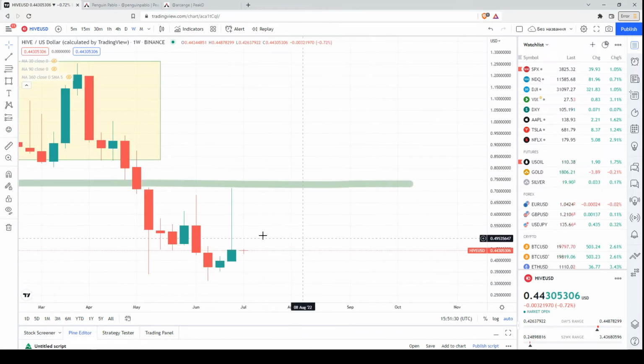But once again, yes, there is a lot of resistance here, but I'm really very happy to see that there is some kind of consolidation here or support, and we don't see this sequence of bearish candlesticks in the weekly chart with descending local highs and descending local lows. So to some extent, this is something positive. Probably the price is trying to stabilize here. Next, let's have a look at the daily chart.